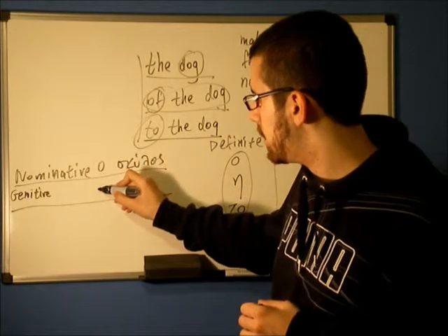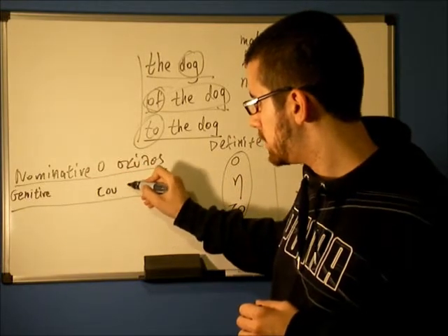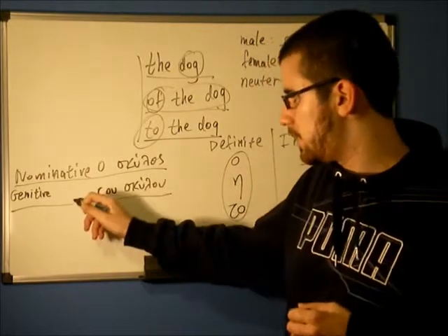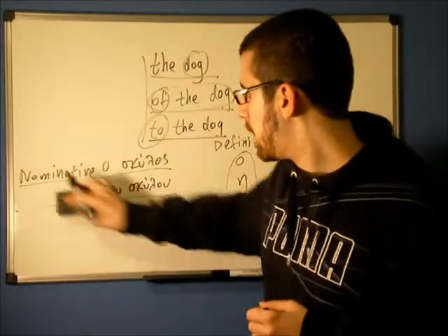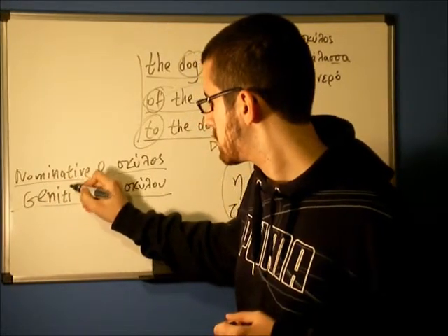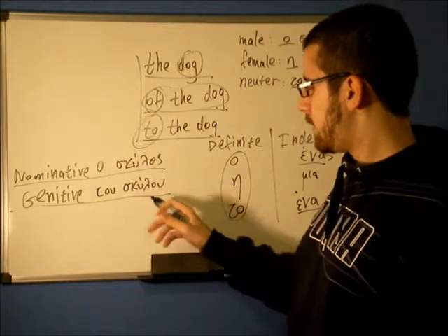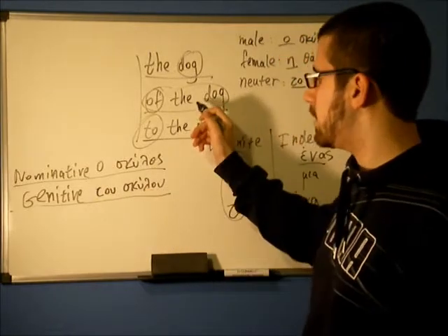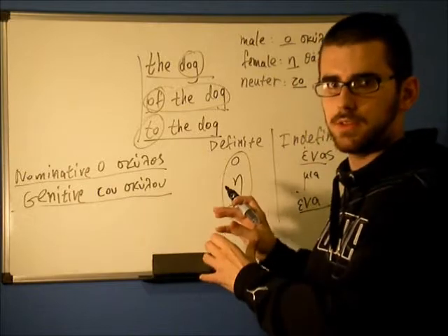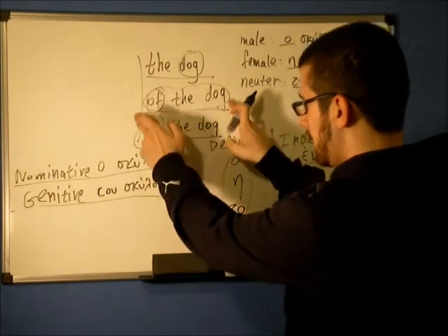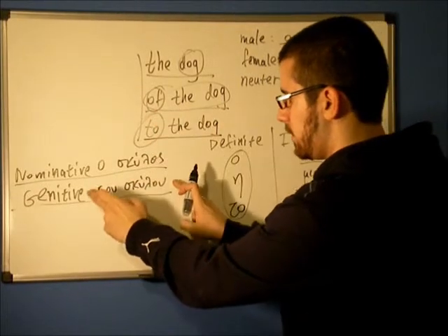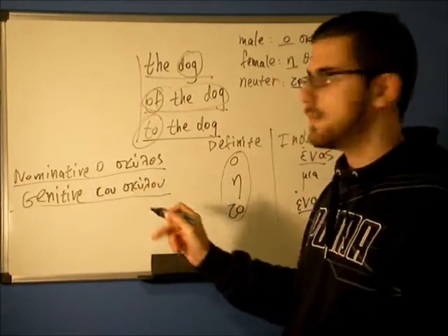When you say that something is tu skilu, this is the proper declension for skilos in genitive. This actually shows of the dog. If I took an English phrase and wanted to change it into Greek, I would take three words and substitute them with this one.